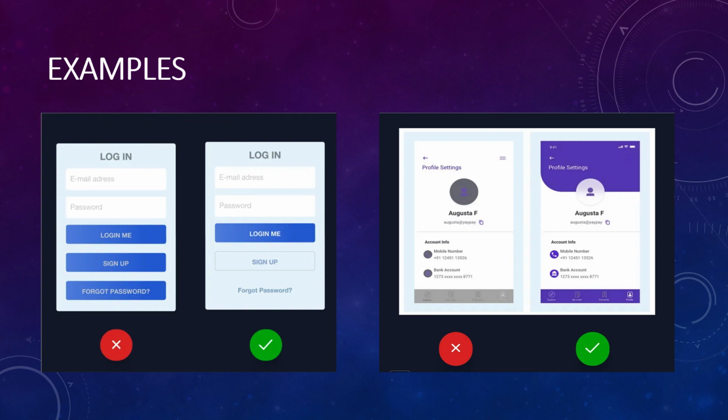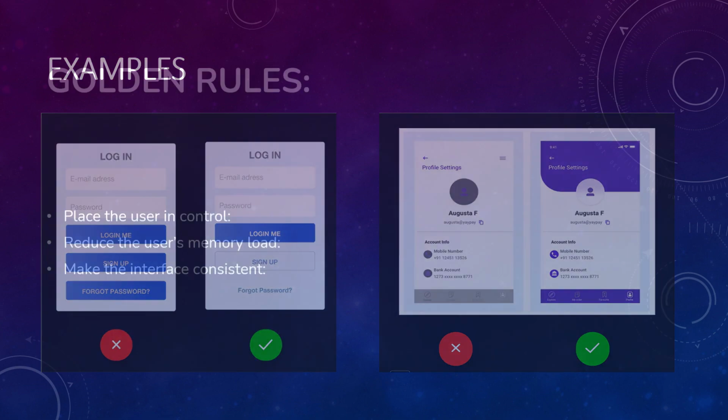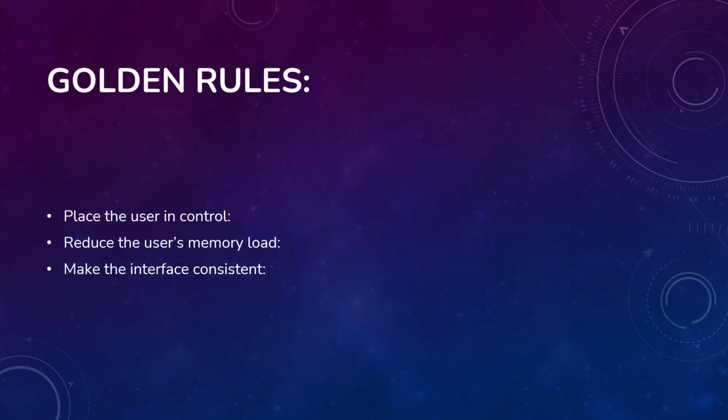And in the second image, we also have one bad interface design and one good interface design. You can see that by just changing the color of our elements we can achieve a good user interface design. So why not choose a color which looks beautiful in our websites so that we can make a beautiful user interface design.